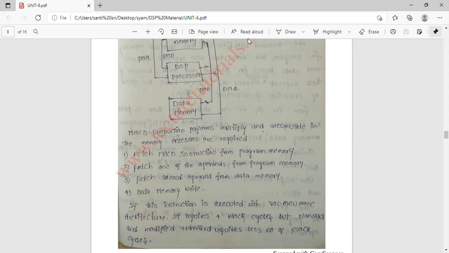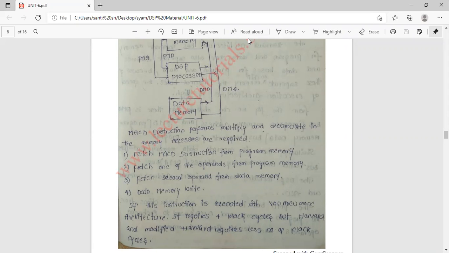The following accesses are required: fetch the MACD instruction from program memory, fetch one of the operands from program memory, fetch the second operand from data memory, and data memory write.